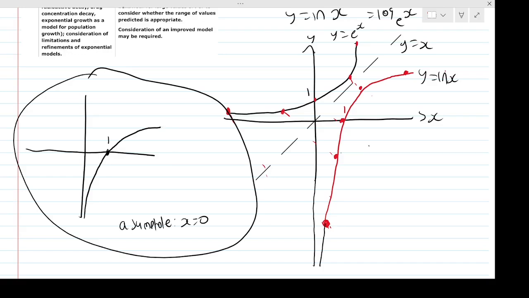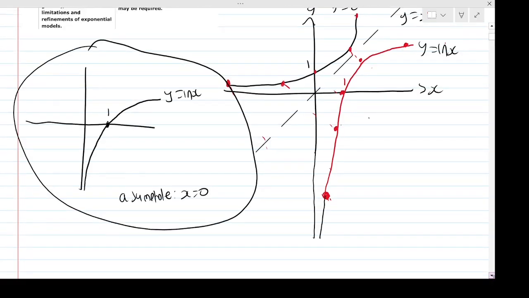Do not be fooled. It's not going towards an asymptote and leveling off. It's still going up, but extremely slowly, okay? So do not think that it's just leveling off, right? It's still going towards infinity. Okay, so that's the ln graph.